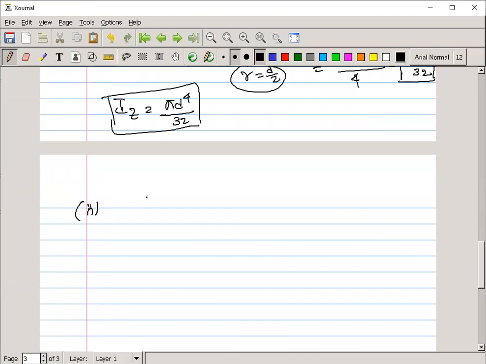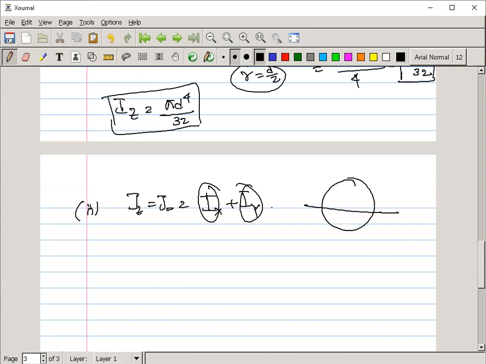Now they said find the moment of inertia along any axis. So Iz which I have written here is nothing but I of x plus I of y, right? If I of x and I of y for this present numerical problem both are same, as this is an axisymmetric problem, right?